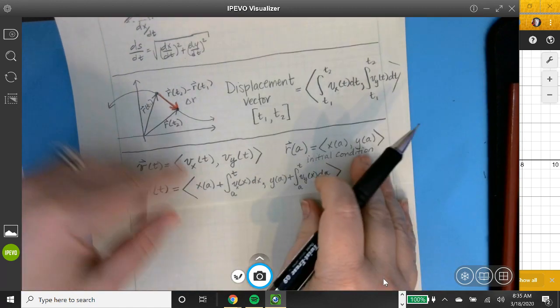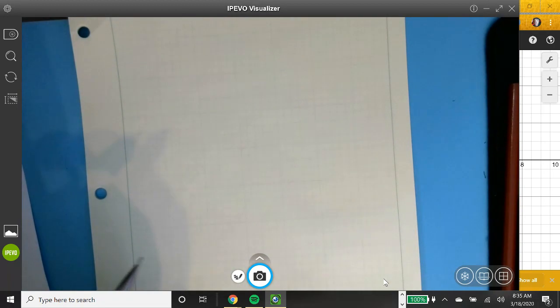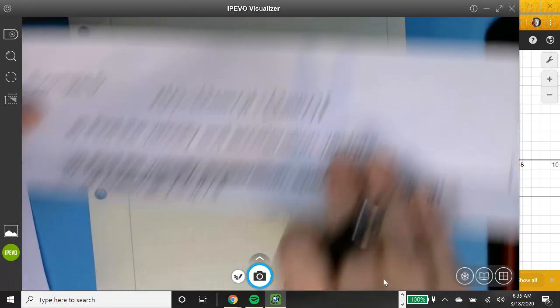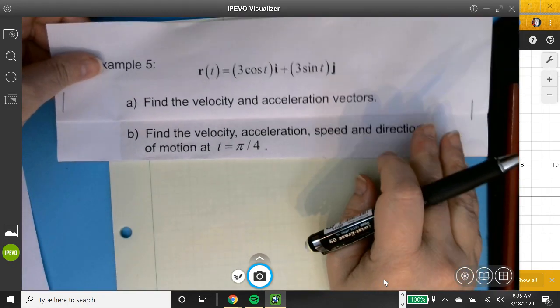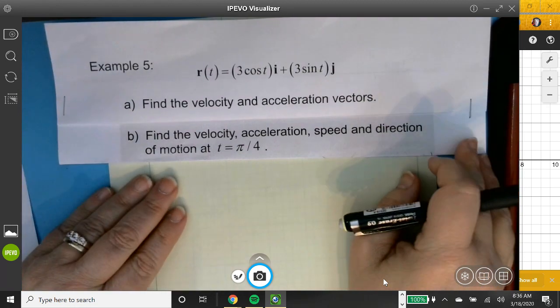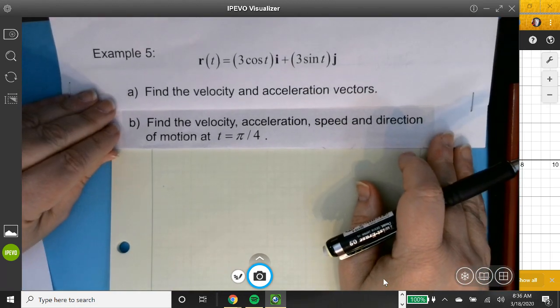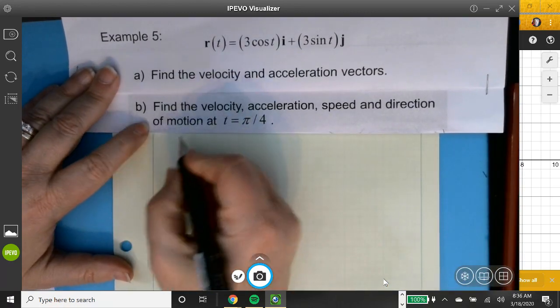All right, that's a lot of words, so let's do some action here, okay? So I'm going to do an example really quickly here. It's called example 5, but it's really example 1. Okay, so let's remember that this is example 1. And my charge is going to be to find the velocity and acceleration vectors for part A here.